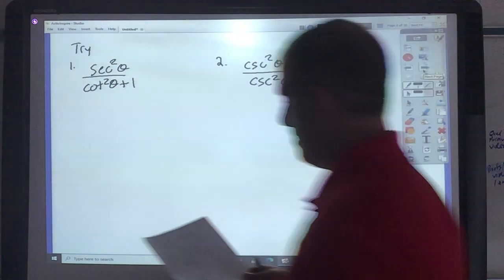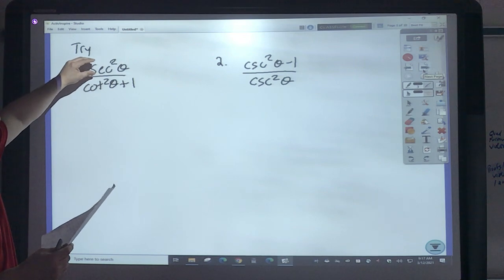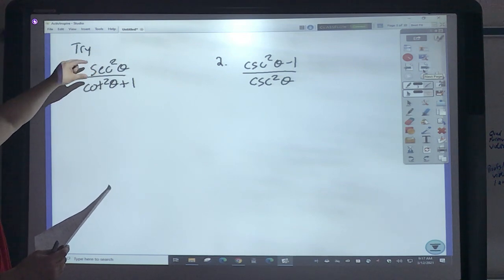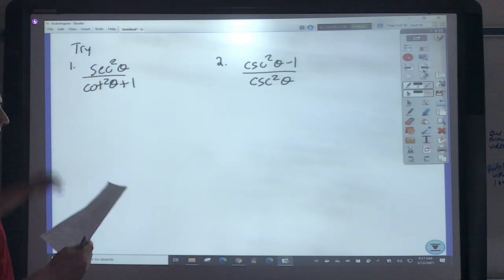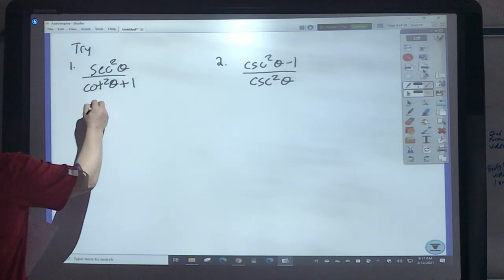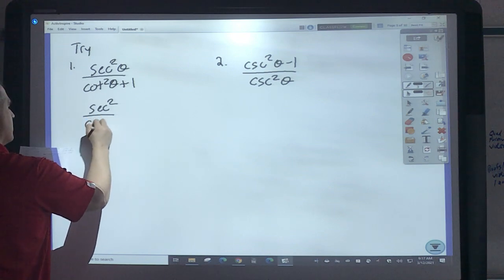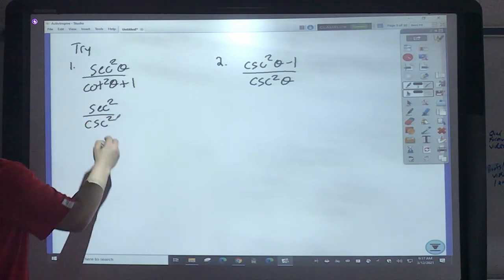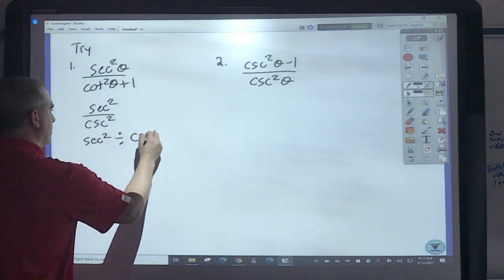Now, since this is already sitting there like that, I'm not going to worry about this equaling tangent squared plus 1. So I can get rid of this part. That is going to be, so I got secant squared, and this part would turn into cosecant squared. Now, what I want to do is write secant squared divided by cosecant squared.